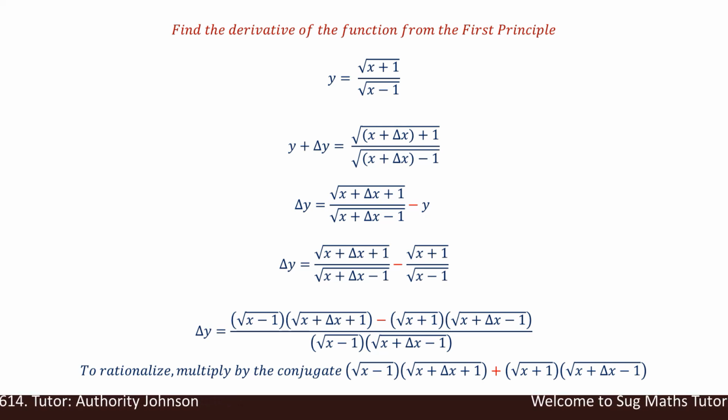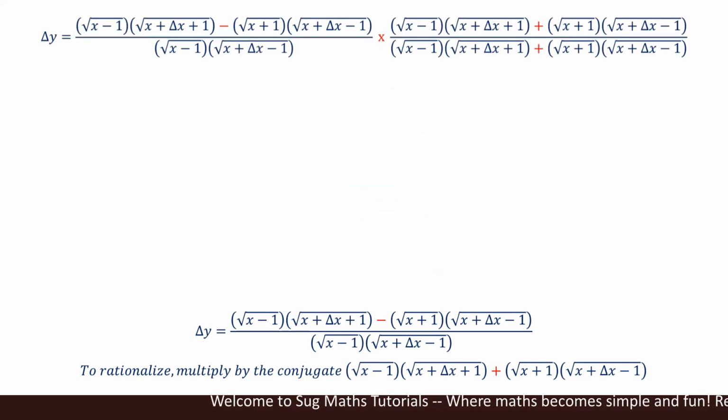The conjugate is square root of x minus 1 in bracket times square root of x plus change in x plus 1 plus square root of x plus 1 in bracket times square root of x plus change in x minus 1. Okay, so we multiply the numerator and the denominator. This is what we're going to have, right?